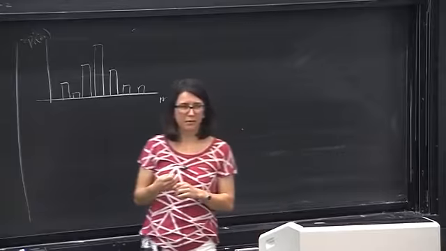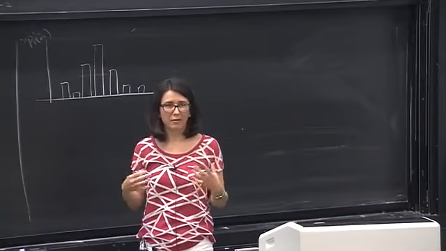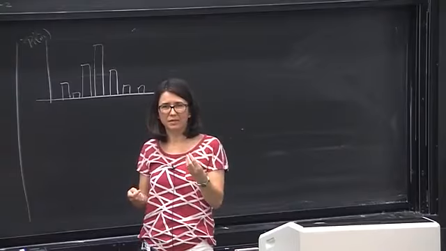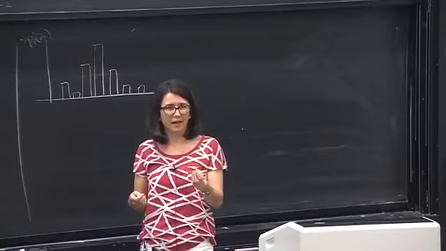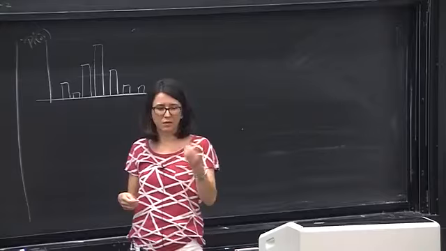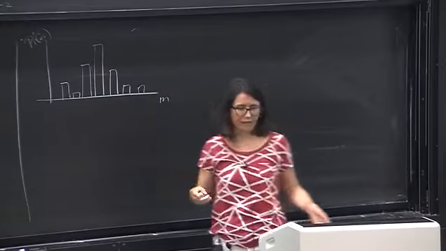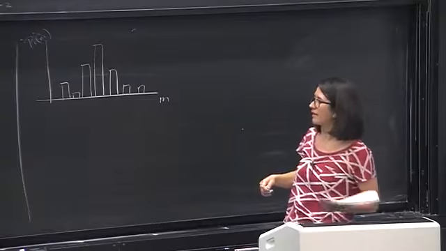But then as experiments got better and better technologically, we were able to access individual quantum systems, and we were able to build up statistics by measuring systems one by one. And then it became necessary to have this more fine-grained theory of measurement.